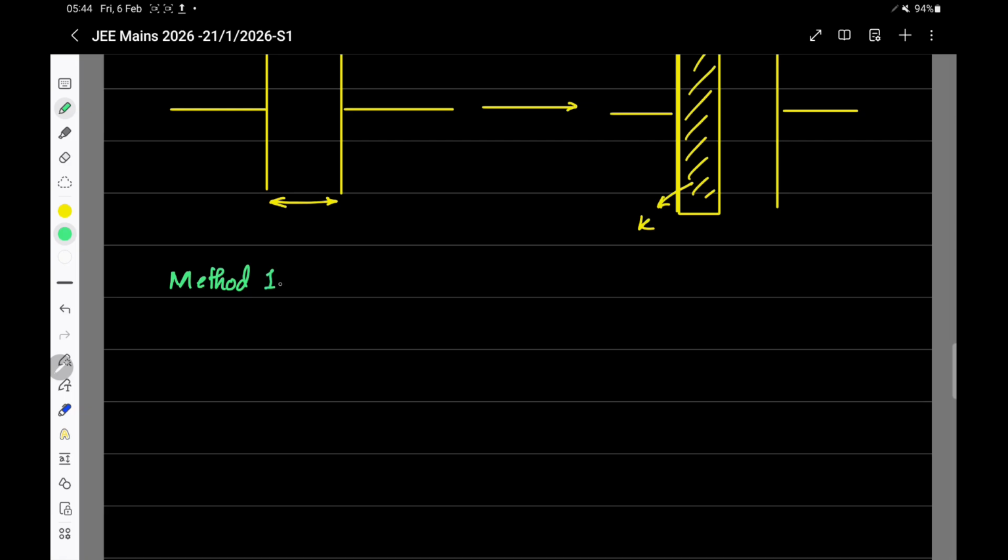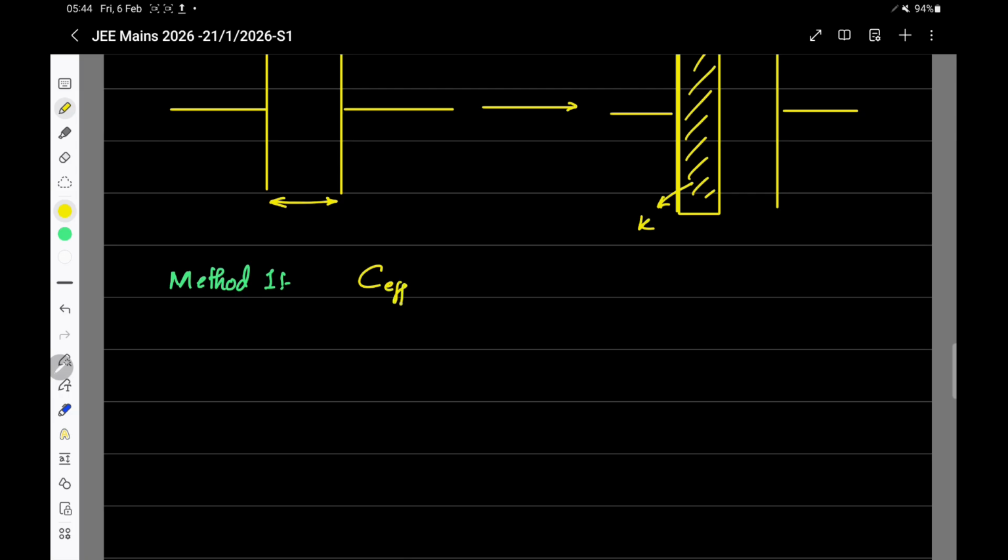Method number one would be to use the formula. Whenever you have this type of system in which the separation between the plates is filled with various dielectrics of thickness D1, D2, and so on, you can apply the formula.